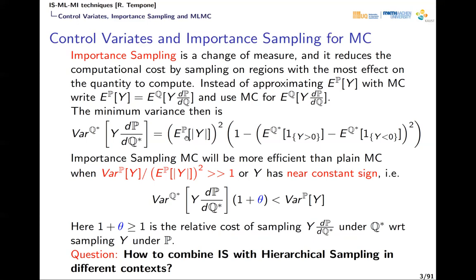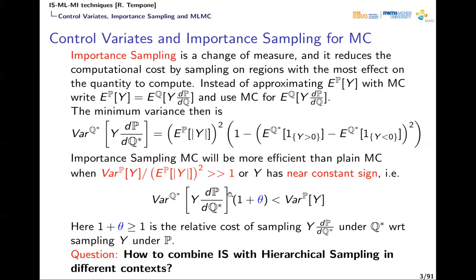When this part is small, we essentially mean that this coefficient of variation is much larger than 1, or that y has a constant sign. For example, y to begin with was a non-negative random variable, and in that case the second term will vanish. So in both cases, you have potential to improve using importance sampling.